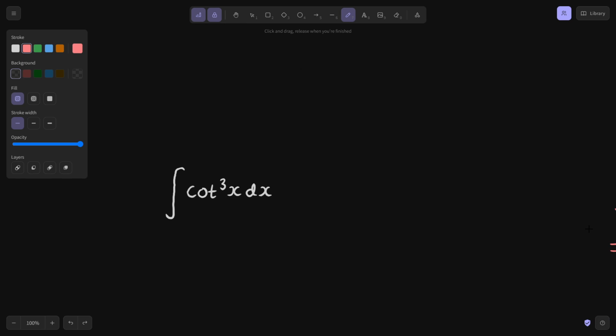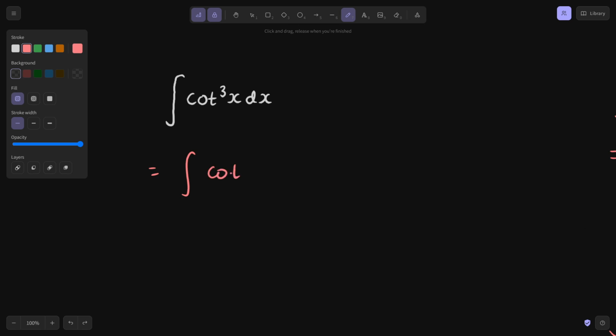Because we need some derivative of cot x to be there, which is not present currently. So what we can do is to write this as cot²x times cot x. Next we are going to derive cosecant square x from here, because this is the famous identity.